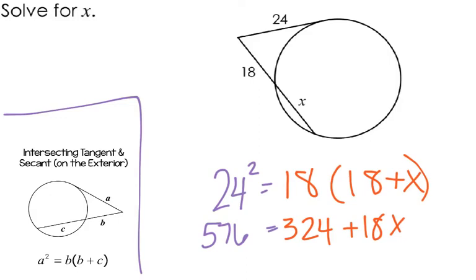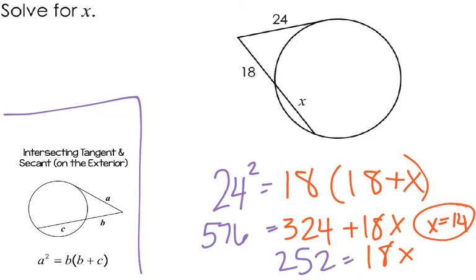So I got 252 equals 18x, and then I'm going to get rid of the 18 by dividing both sides by 18, and so I'm out of space, but x equals 14. So really not bad, just have to know the formulas. The math is really simple. I think you can do it.